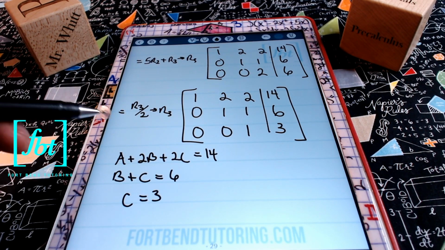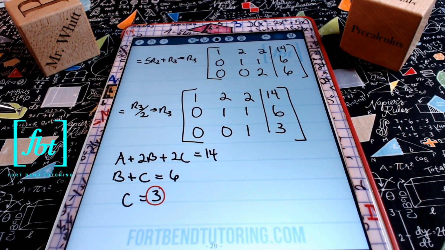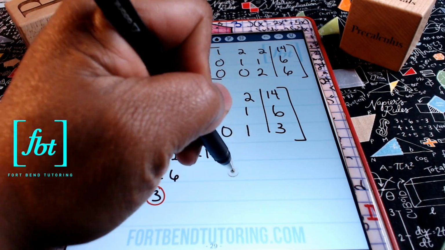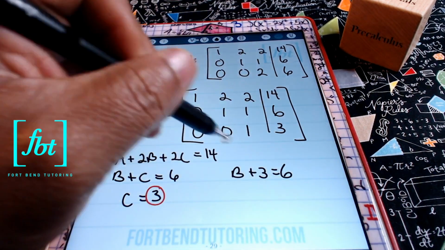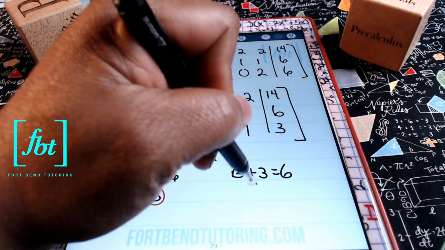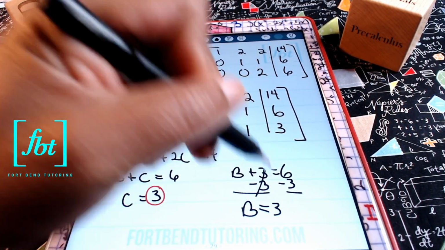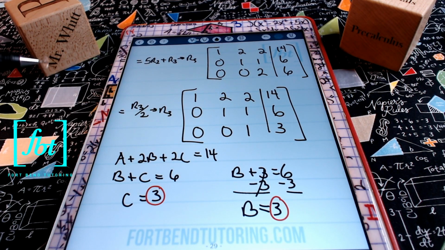In this case, we already know the value of C, and we know that value is 3. So using this value, we'll be plugging that into the second equation. So I'll have B plus 3 equals 6, replacing the C with the 3 there. Then solving for B, we find that the value of B is 3. Using these 2 values, we'll be plugging that into our first equation.